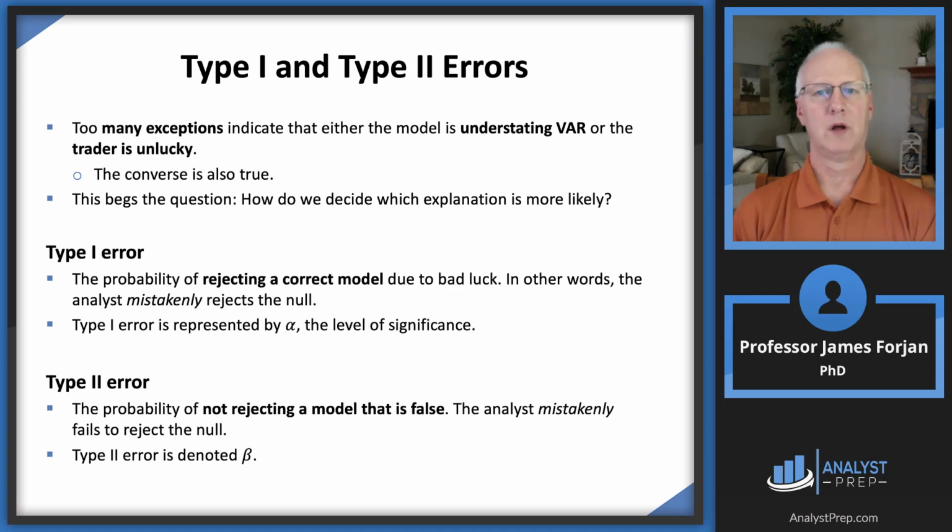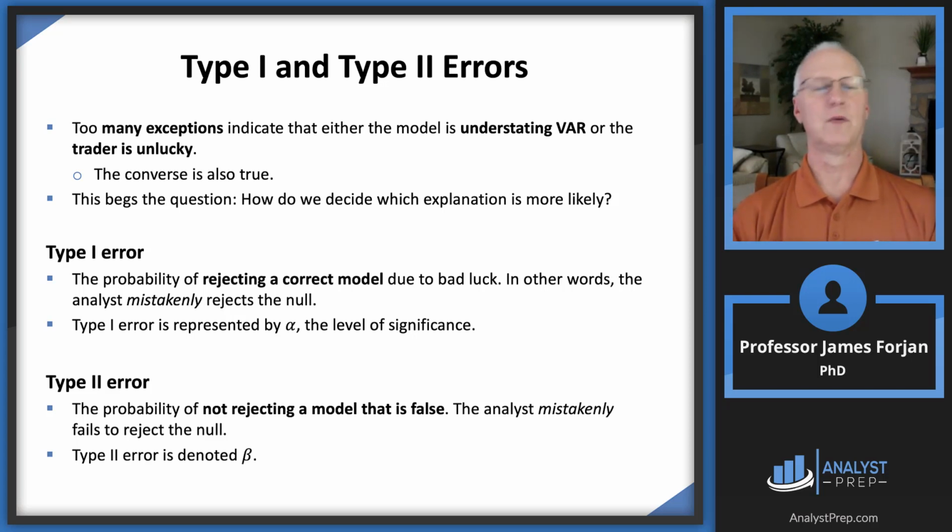How about type 1 and type 2 errors? The easiest way to remember the difference between these two is to remember that a type 1 error is an error of commission, and a type 2 error is an error of omission. So I always remember this back in my investment days, and I wonder if you guys do as well: if you are a financial institution hiring a portfolio manager, what's the goal?